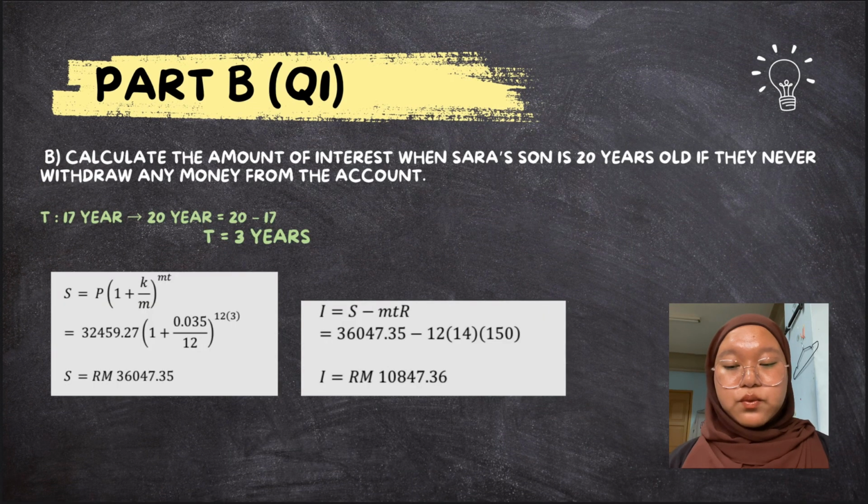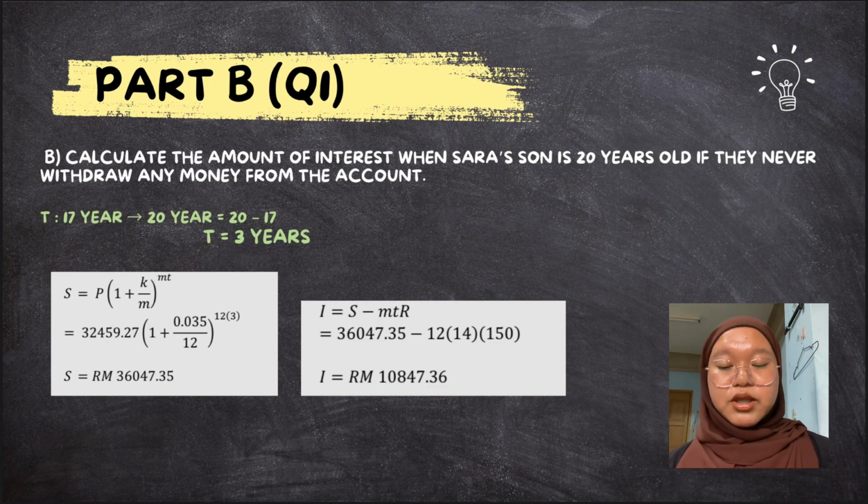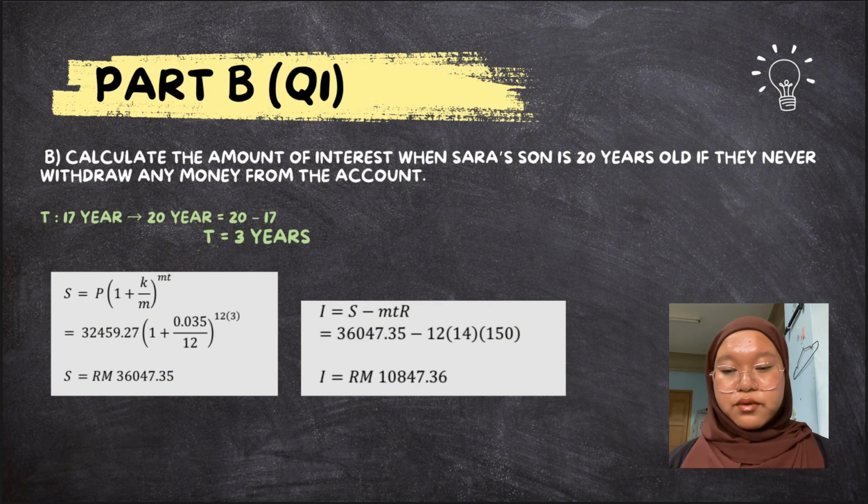Part B, question 1, next part. The question asks to calculate the amount of interest when Sarah's son is 20 years old if they never withdraw any money from the account. So T equals 3 years and we're going to use the formula S equals P(1 plus K divided by M) to the power of M multiplied by T. We put the amount in the formula: S equals 32,459 ringgit and 27 cents (1 plus 0.035 divided by 12) to the power of 12 multiplied by 3.